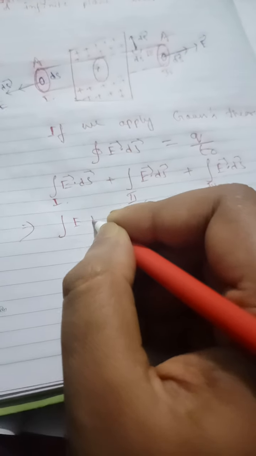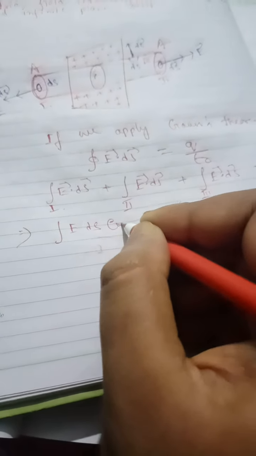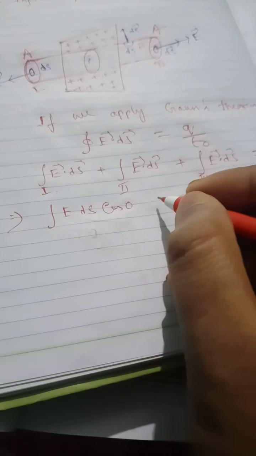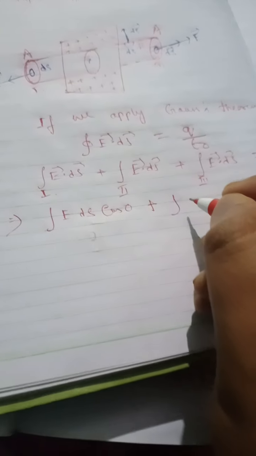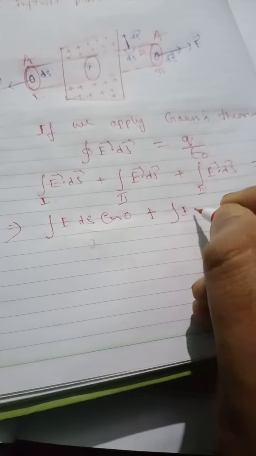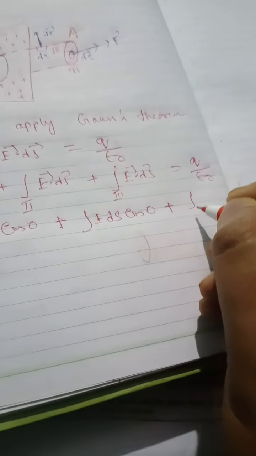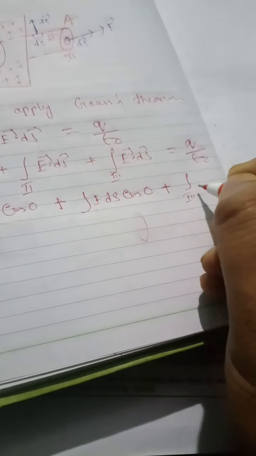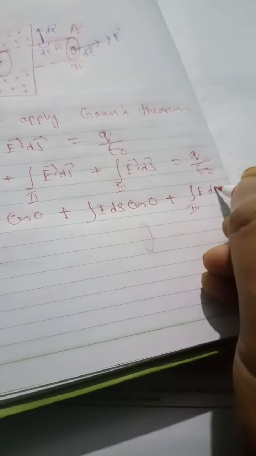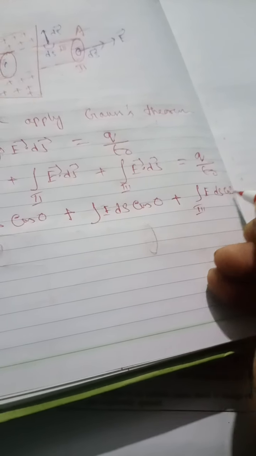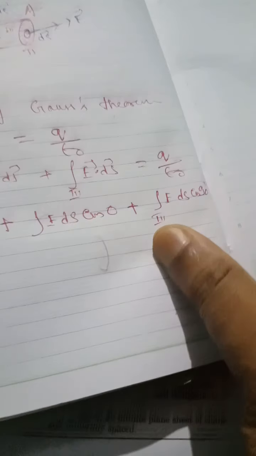So for region 1, we can write E dot ds as E ds cos 0, plus for region 2 again E ds cos 0, plus for region 3 E ds cos 90.